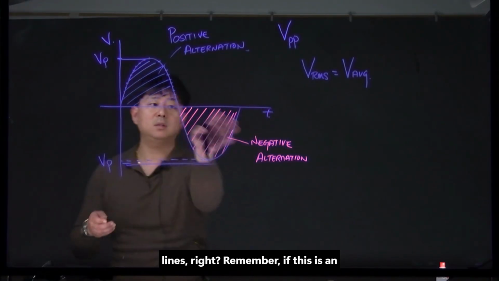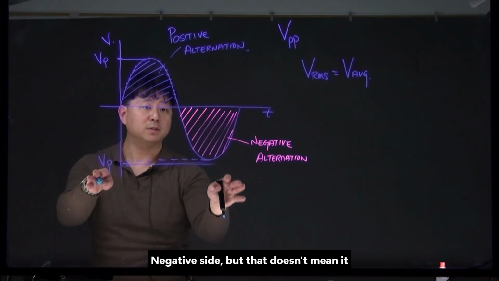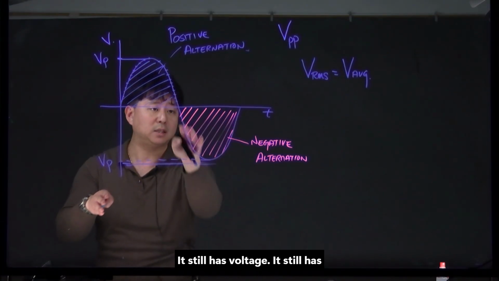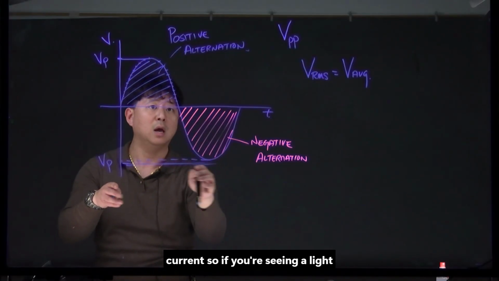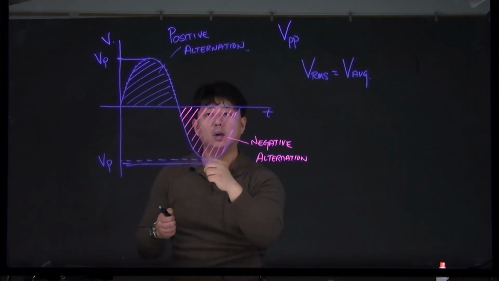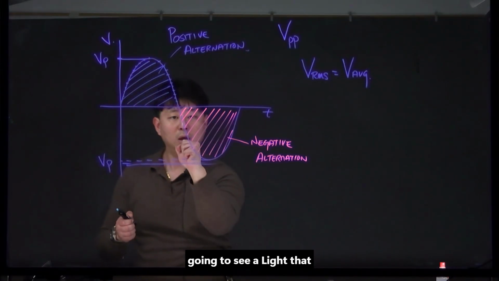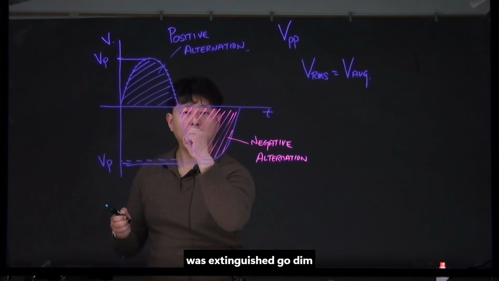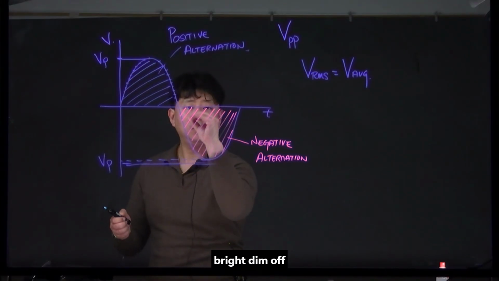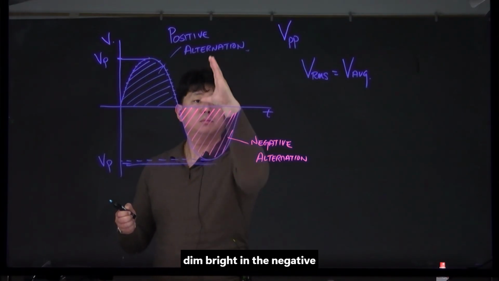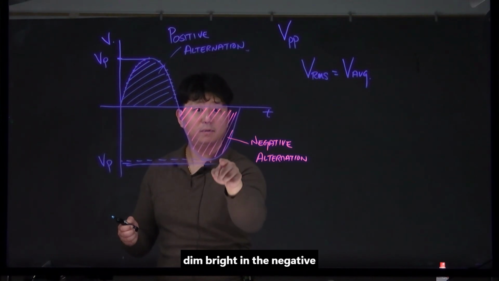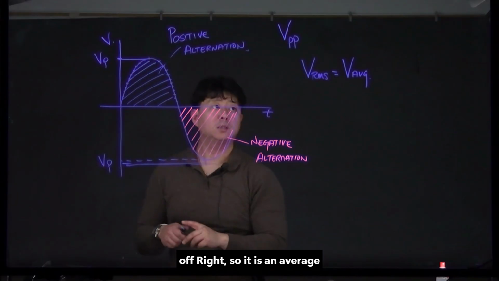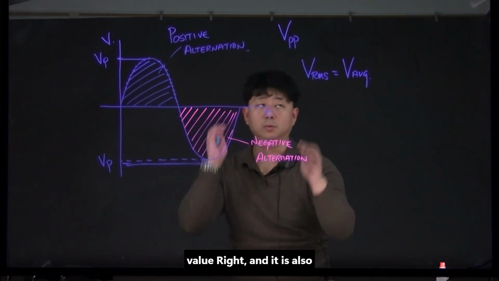Remember, if this is on a negative side, that doesn't mean it doesn't have power. It still has power, it still has voltage, it still has current. So if you're seeing a light, you're going to see it go from off, dim, bright, dim, off, then dim, bright in the negative alternation, and dim again to off. So it is an average value.